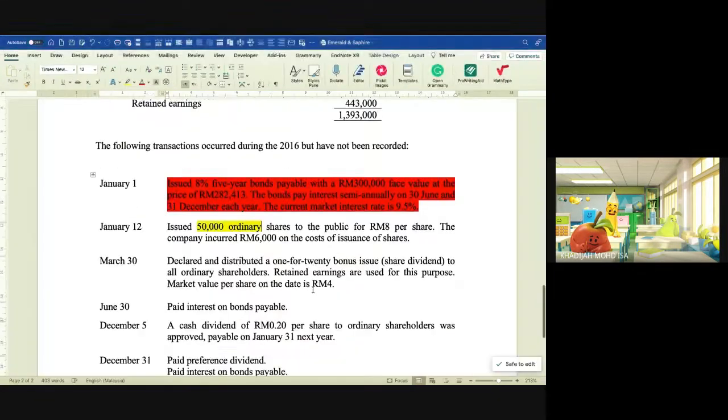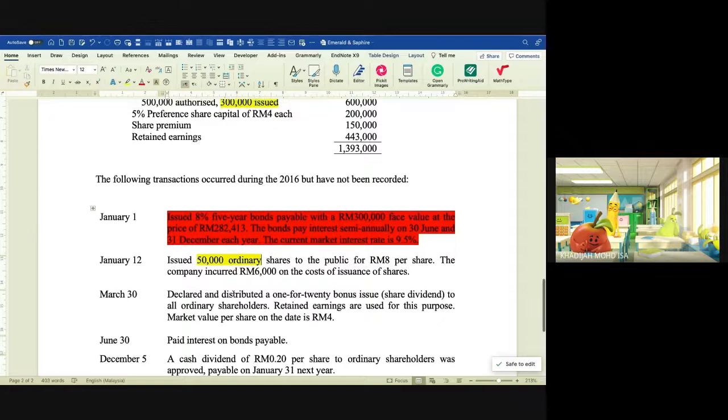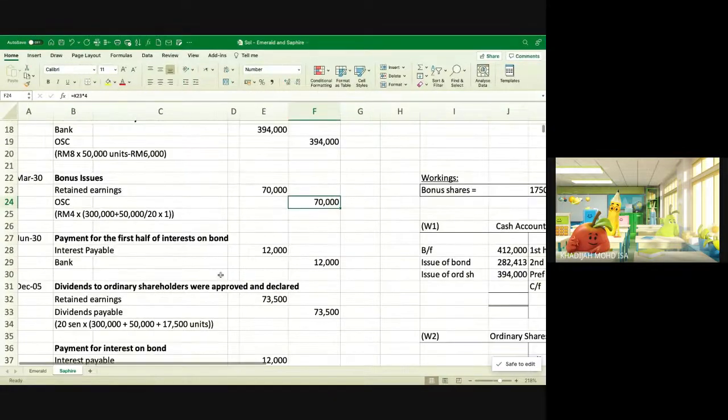Next, paid interest on bonds payable, June 30th. Is this for half a year, semi-annually? So it means 300,000 times 8% times half, or 0.5. How much is it?